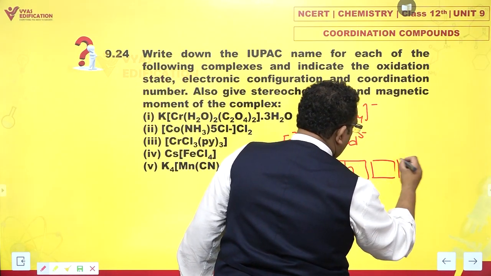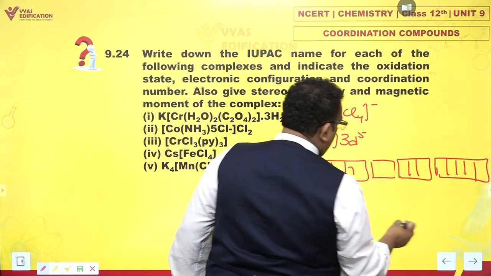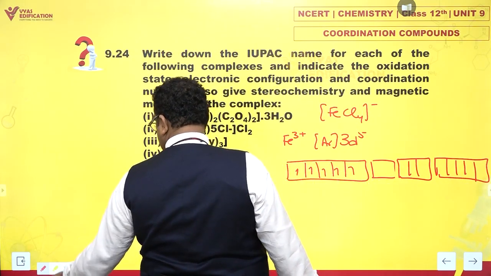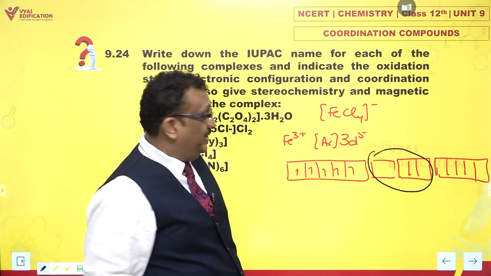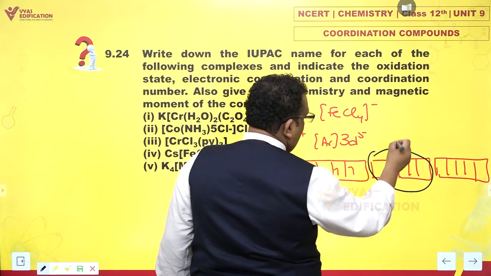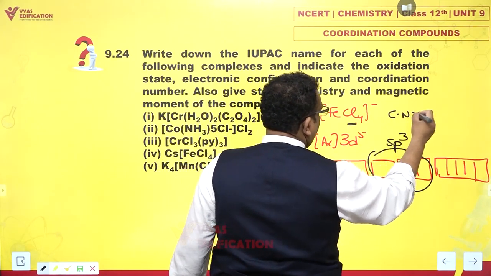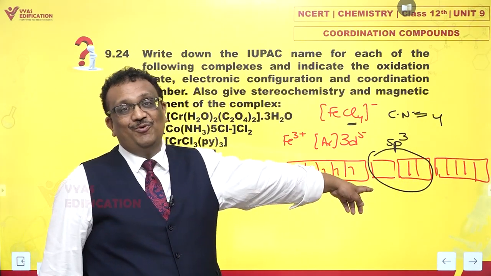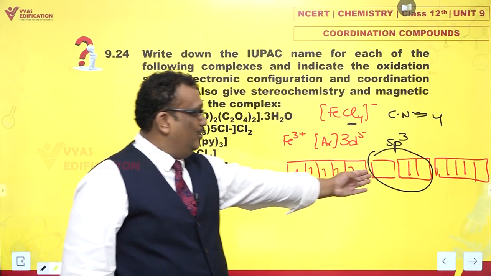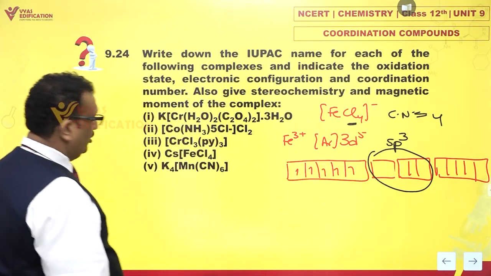As a consequence, this invariably happens to be a high spin complex, no pairing necessary, no pairing possible. The hybridization is sp3. Coordination number is 4. Hybridization would be sp3, because these are the only 4 orbitals available for accepting the donation.